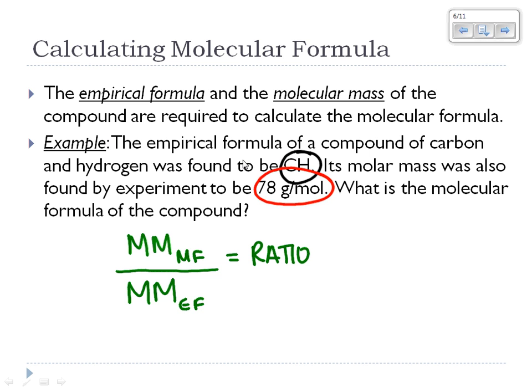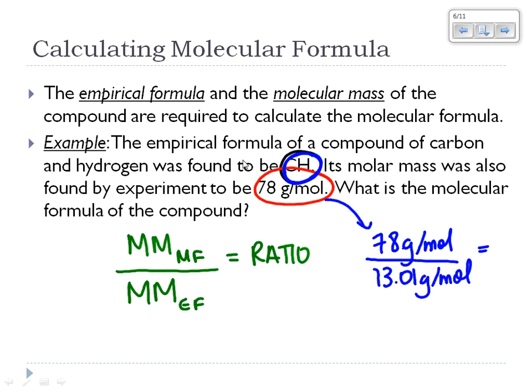If we do that right now, I'll do that in blue. I've got the molar mass of the molecular formula. That's my 78 grams per mole. It's always the bigger number. And I divide that by the molar mass of the empirical formula, which is 1 carbon and 1 hydrogen, that's 13.01 grams per mole.